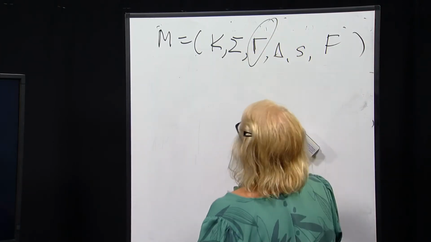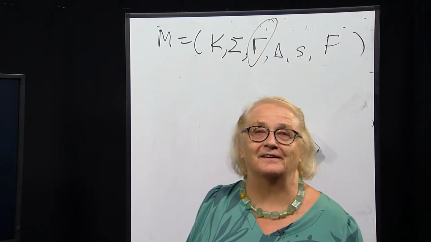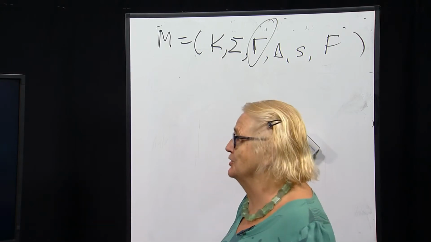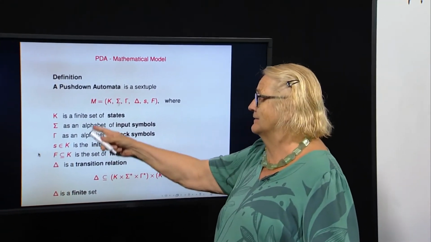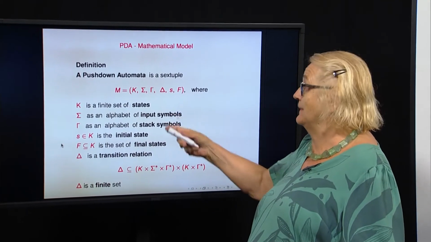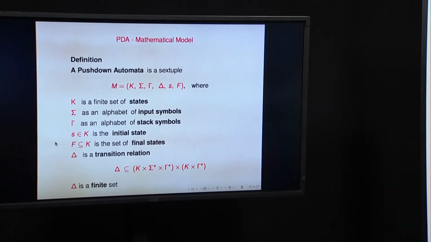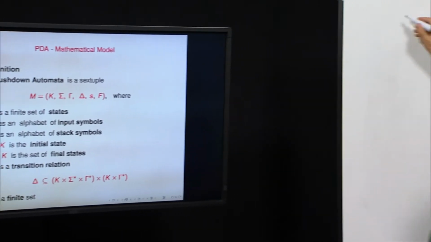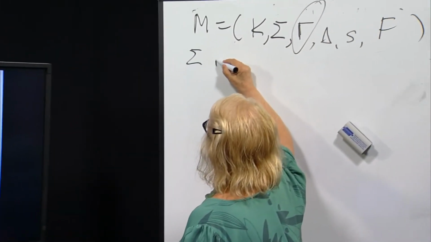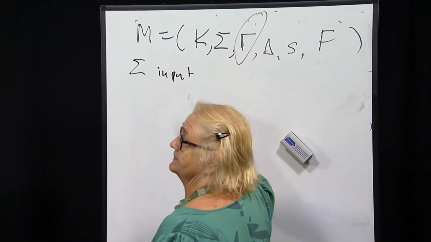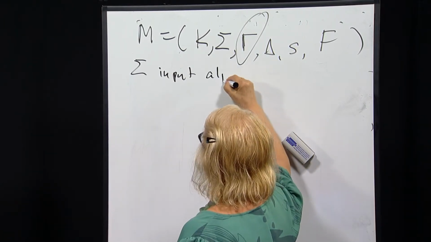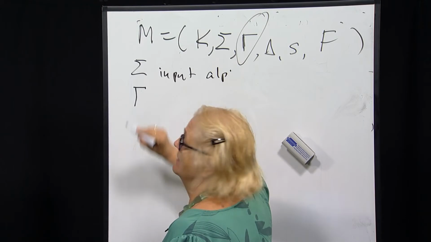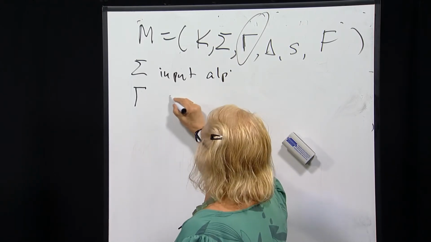So you have a new piece in our definition. K is a finite set of states. Sigma is the input alphabet. And Gamma is the stack symbols.